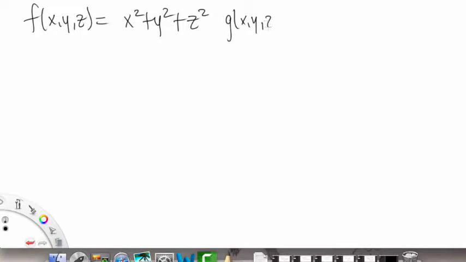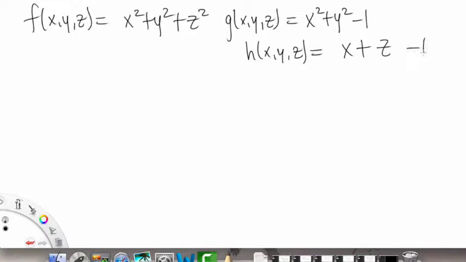Okay, so in order to set up that Lagrange equation, we have to figure out what the gradients of all of these functions are. So first of all, let me rewrite those. f of x, y, z is equal to x squared plus y squared plus z squared. Then g of x, y, z is x squared plus y squared minus 1. And finally, h of x, y, z is equal to x plus z minus 1.